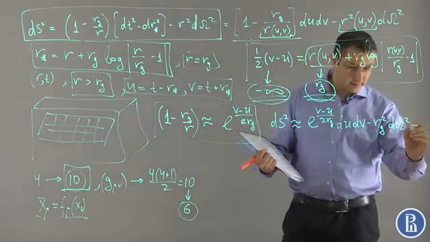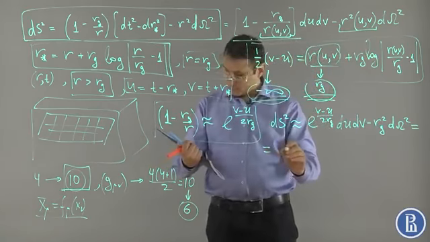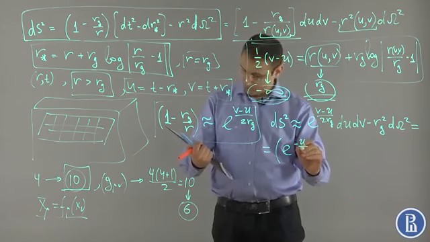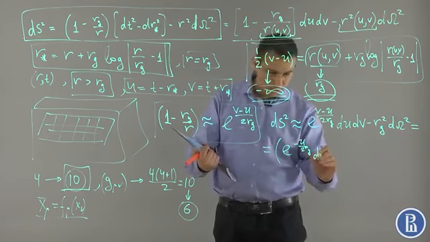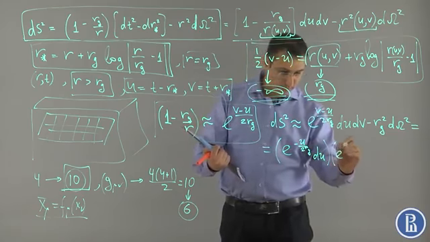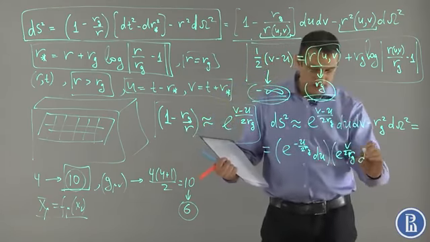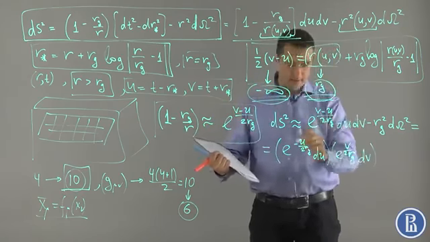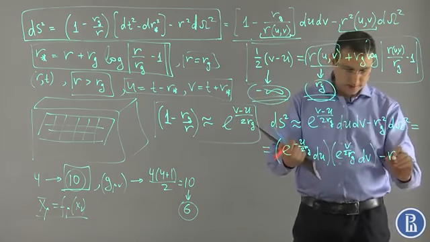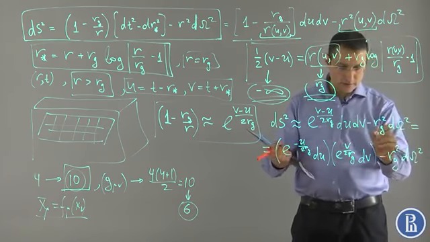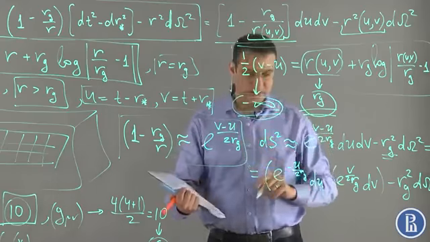And this is equal to exponent of (minus u) over 2rg du times exponent of v over 2rg dv, this is just a rewriting of this metric, minus rg squared d omega squared. Remember that we are around the point where r is approximately equal to rg.